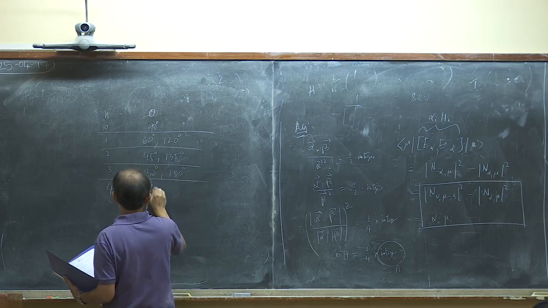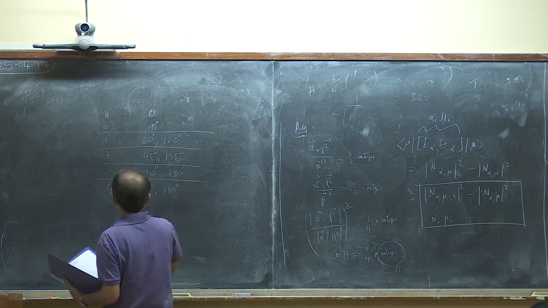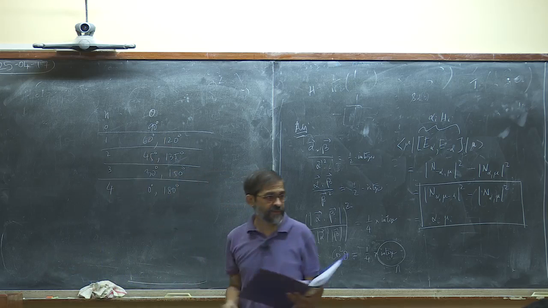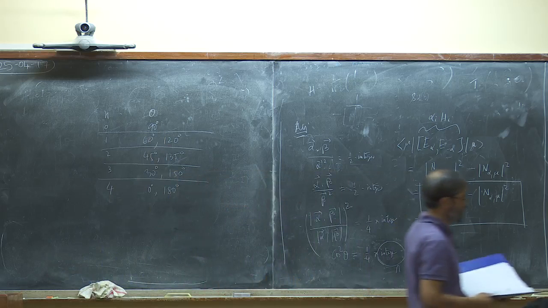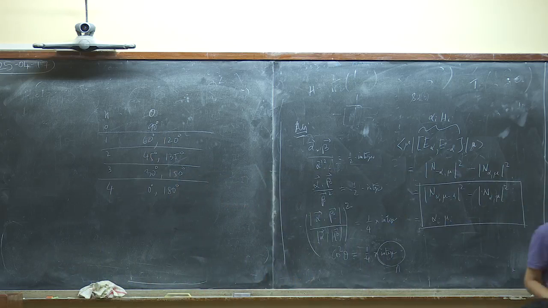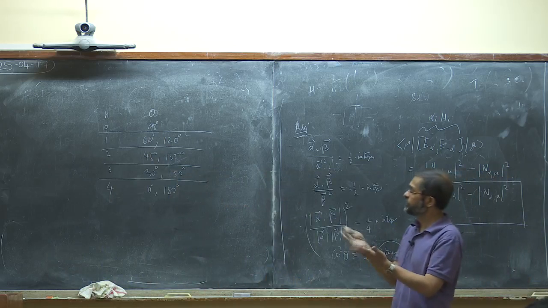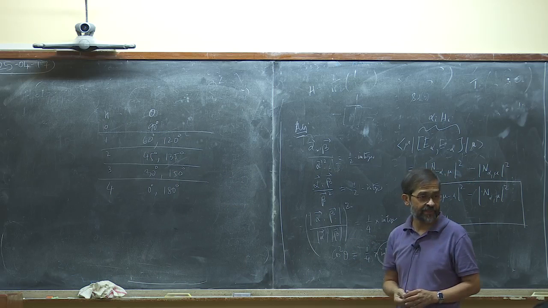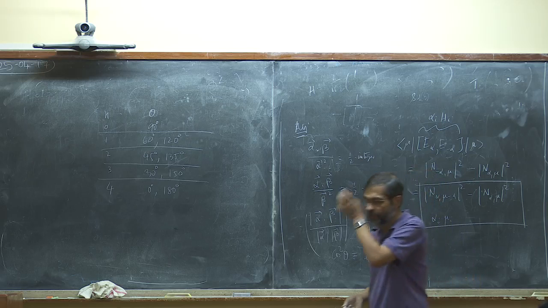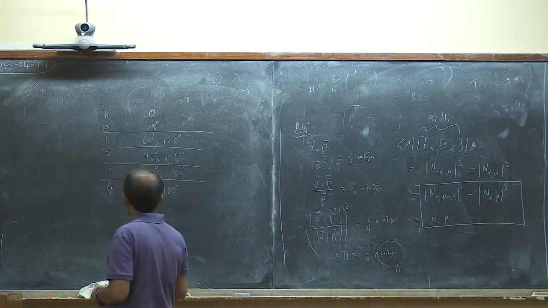And 0 degrees and 180 degrees. We'll encounter all these angles as we go along. These are related to the structure of the Dynkin representation of roots, and so that's it.